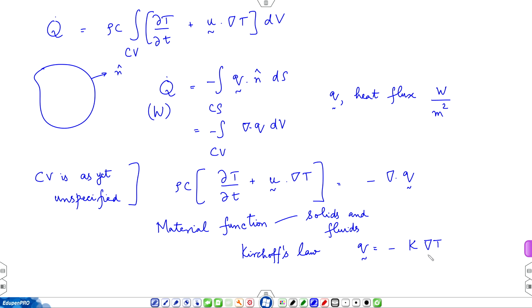This is a vector relationship, a linear relationship between heat flux and the temperature gradient.